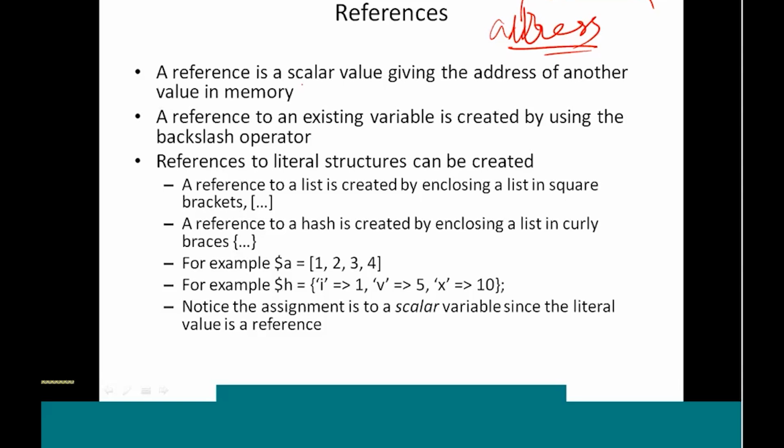The reference to an existing variable is created by using the backslash operator. In the string context we use the backslash often to escape special characters, but in variable context, when we use the backslash, we actually create a reference to that particular variable, or call its address.